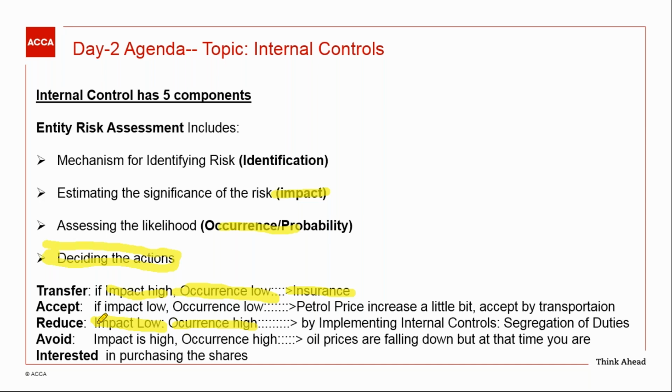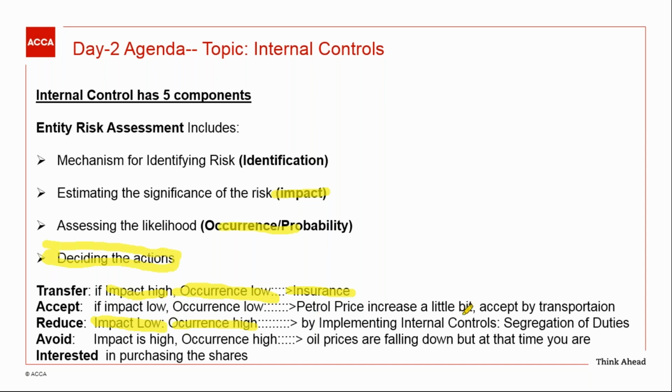I have a specialization in forensic auditing, so it is the same thing mentioned in that course: the purchaser always tries to make fake purchases with a small amount so that nobody bothers about small amount invoices. So the occurrence is high, it is happening on a daily basis, but the impact is low.